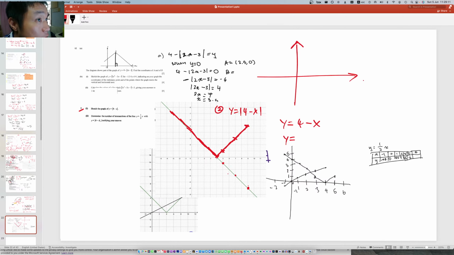Just give yourself a table. So I give myself 3 points now. x equals 0, so y equals 0. So this point.